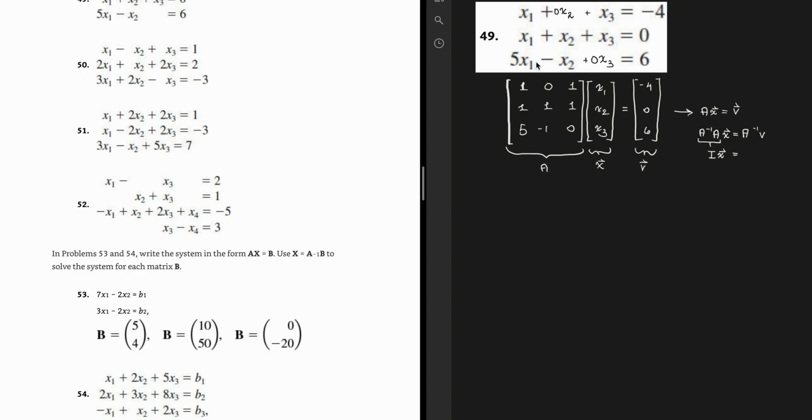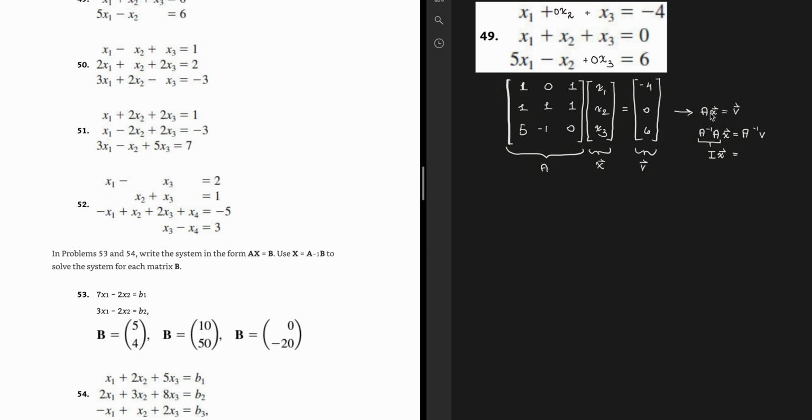We were presented with a system of three linear equations, and we were asked to solve this with matrices. So what we did is we found a coefficient matrix, and then a vector matrix, meaning we rewrote the left-hand side as matrix multiplication and the right-hand side as a vector.